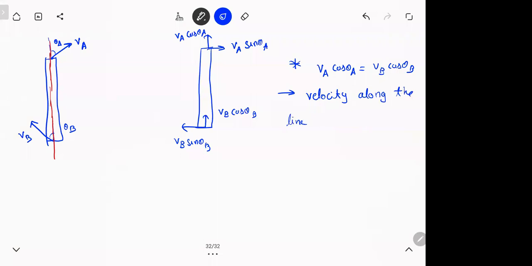So if there are 2 points on a rigid body, and you draw a line between them, the velocity along the line should be the same.